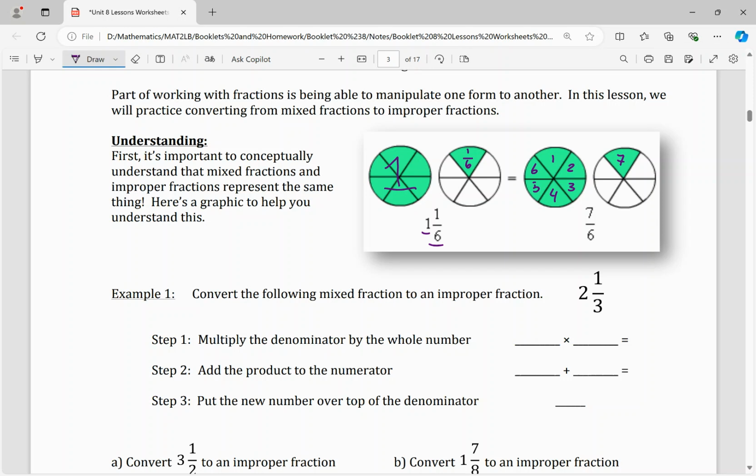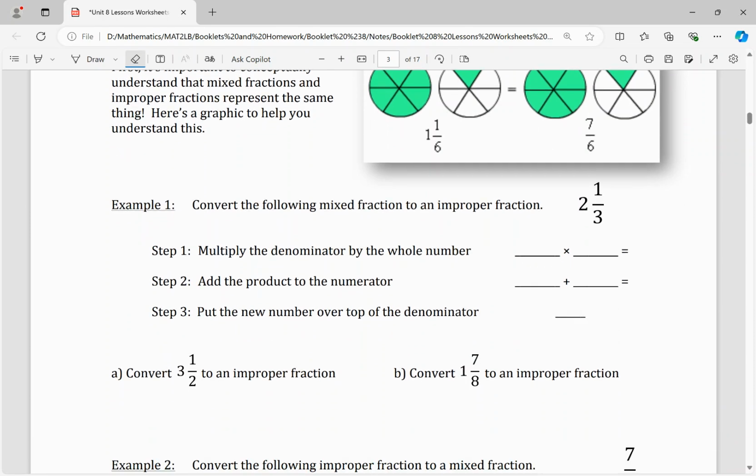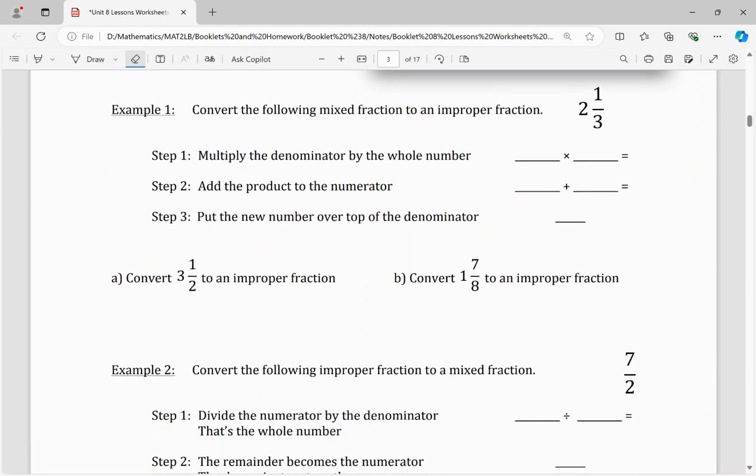Now, it's great that we can use a diagram to represent this in two different ways, but you need to be able to do so algebraically as well. So let's get started.